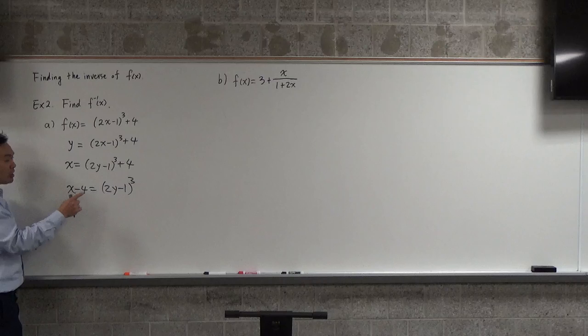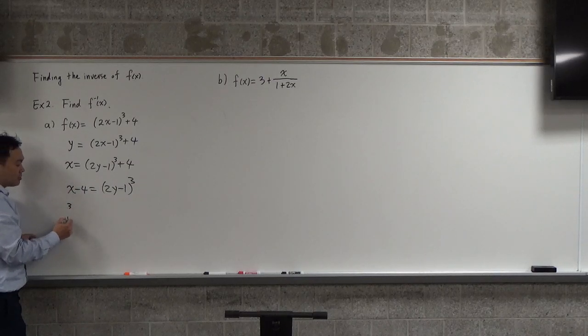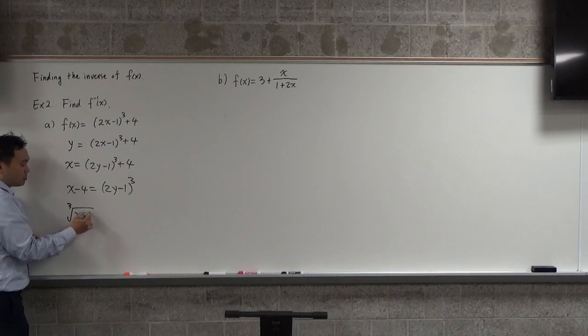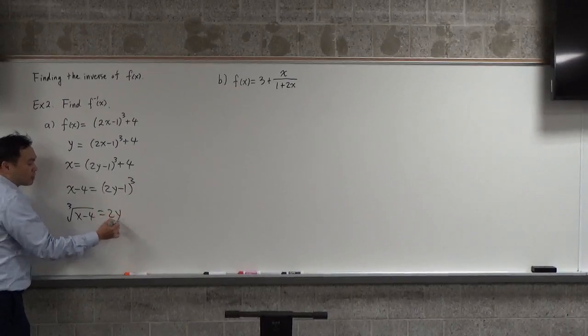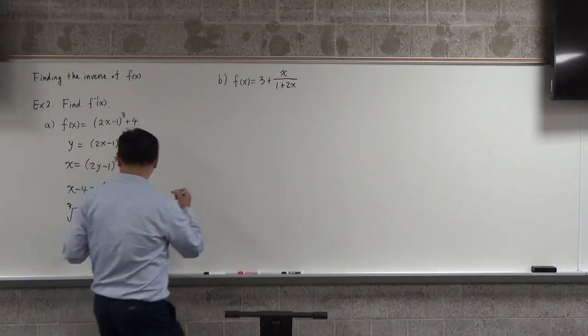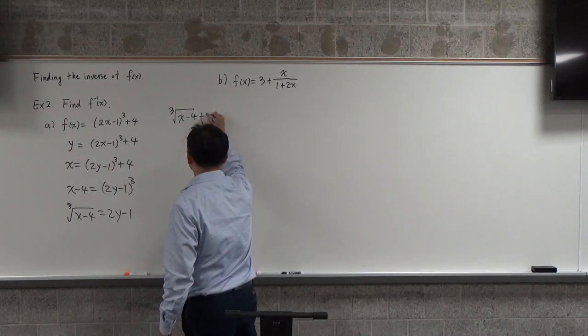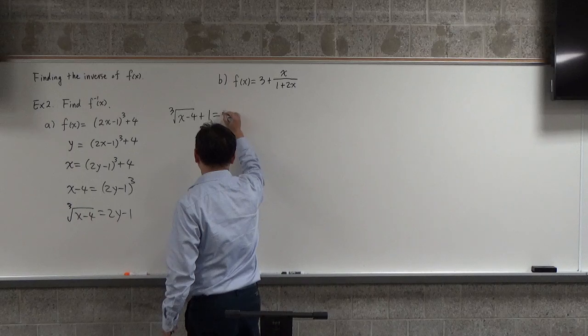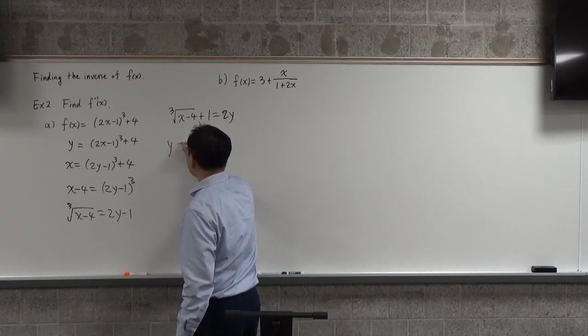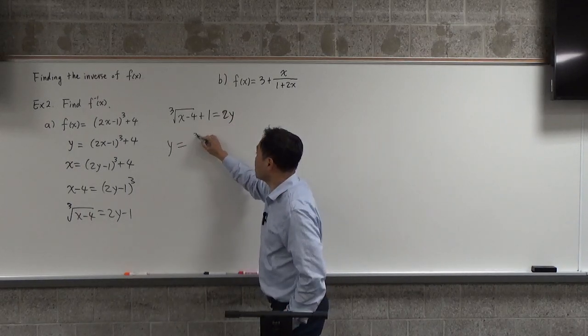Now you take the cube root both sides to get rid of the cube, and you get 2y minus 1. And now you add 1 both sides. And then finally you divide everything by 2.